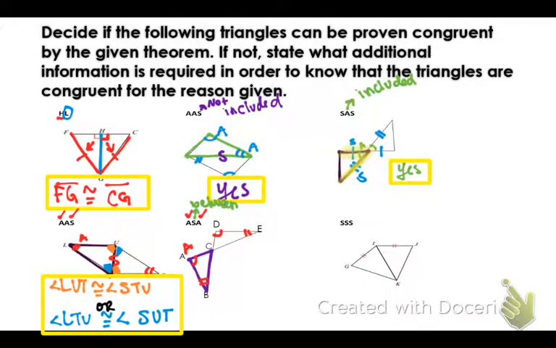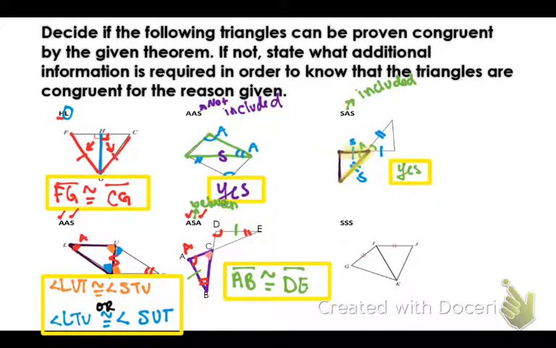So, what side would need to be congruent on my first triangle to my second? AB. Side AB would need to be congruent to side DE. So here's why I said this one, there's technically a couple answers. What is not marked but is understood?